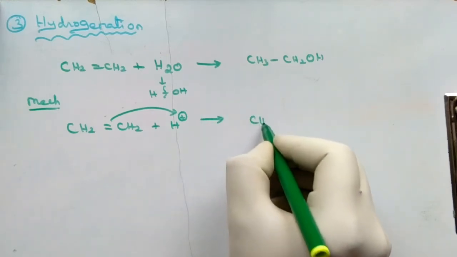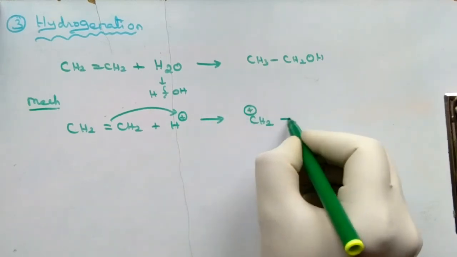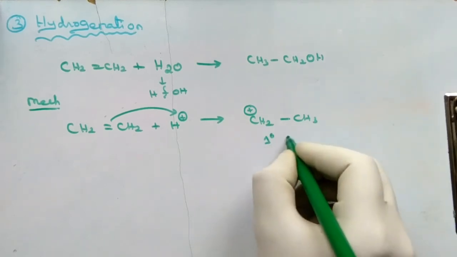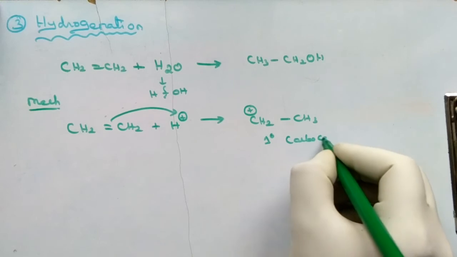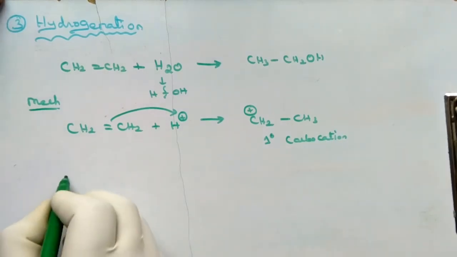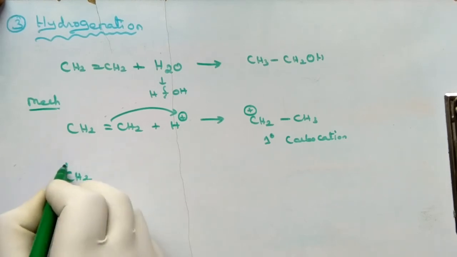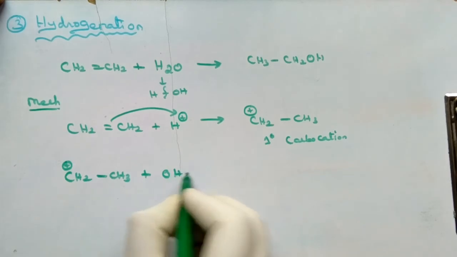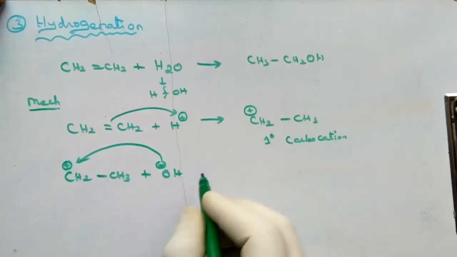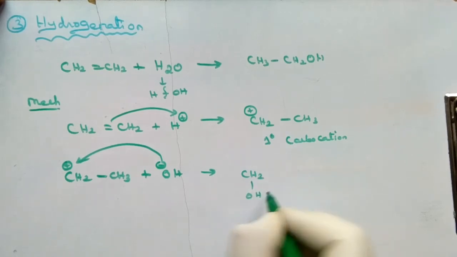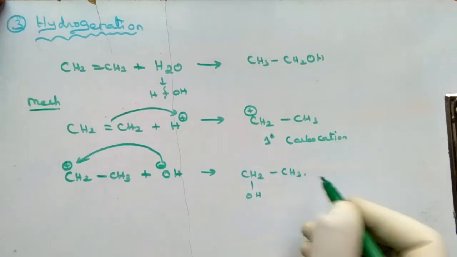After attacking, we will get a carbocation, which is the intermediate in this reaction, a primary carbocation. In step 2, the nucleophile will attack the carbocation. That means OH minus will attack the carbocation.